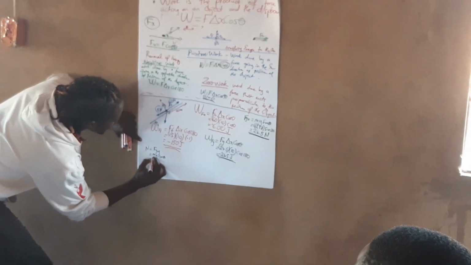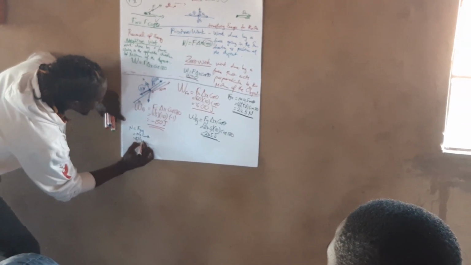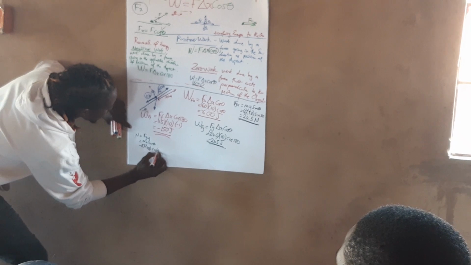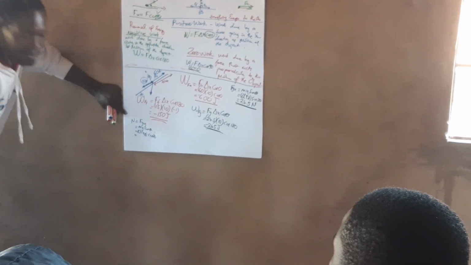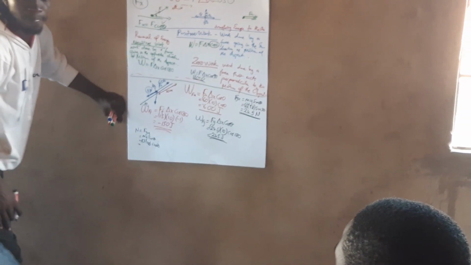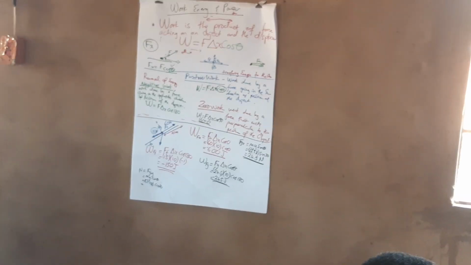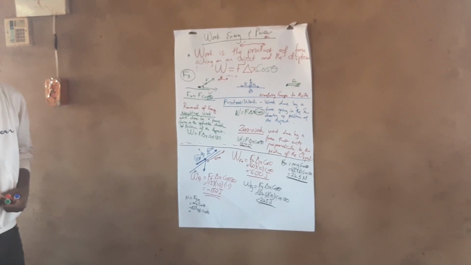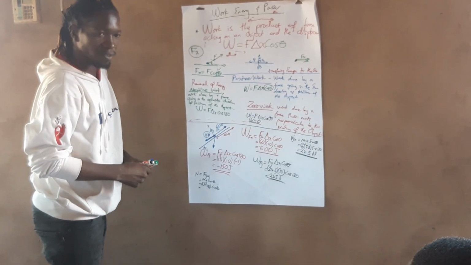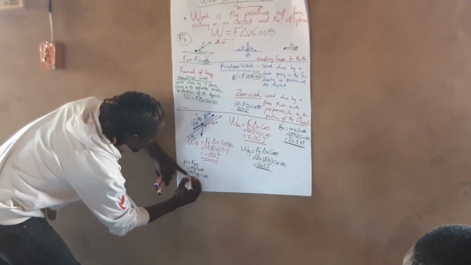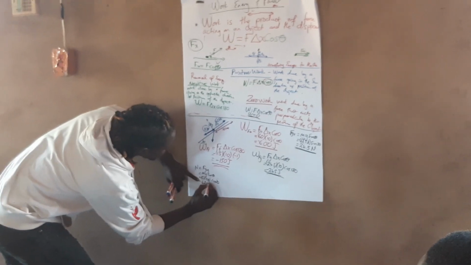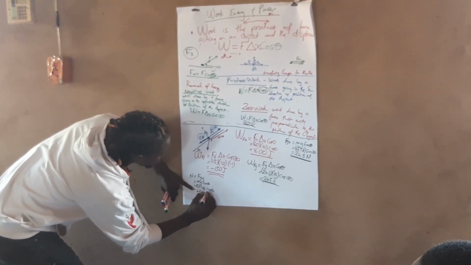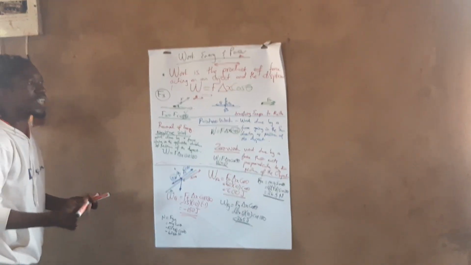So this is 5, 9.8, and then cos of 30. What do we get? 42.44 newtons, right?